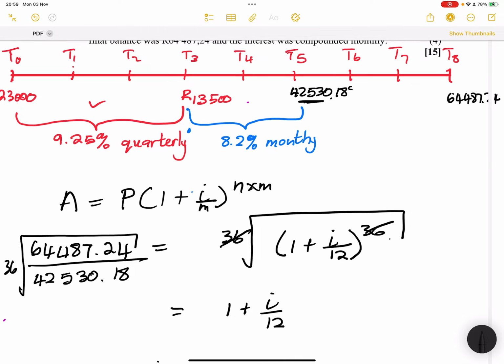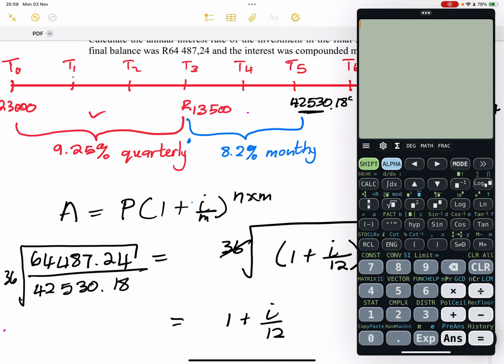All right, now let's do that in our calculators again. I'm going to say the 36th root of 64,487. Please just be very careful on that maths.